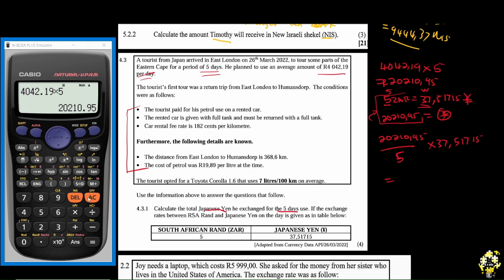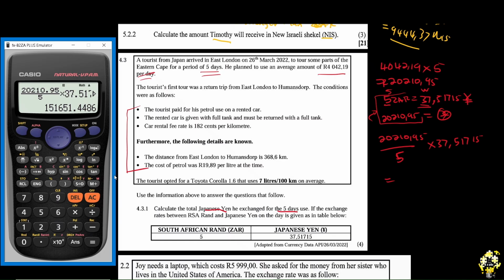Just do it at once so that you can get the answer. So let's come here and simply say 20,210.95 divided by 5 and multiplied by 37.51715.